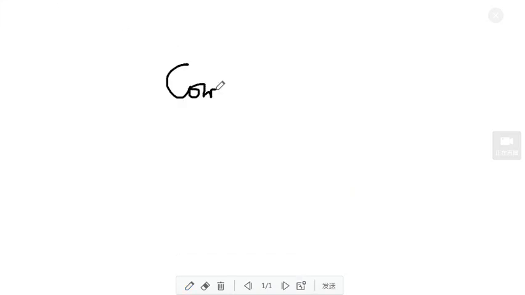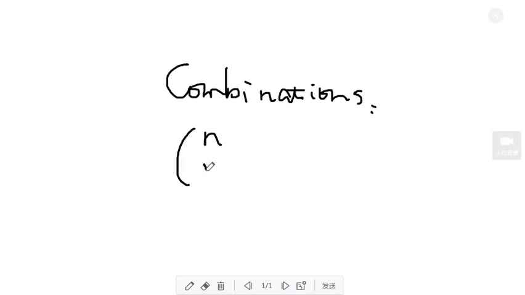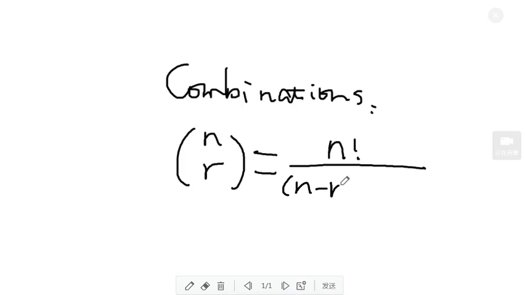So combination, we use the notation, this one, right? This one reads n choose r, and how to calculate this combination, that is n factorial over n minus r factorial times r factorial, right?